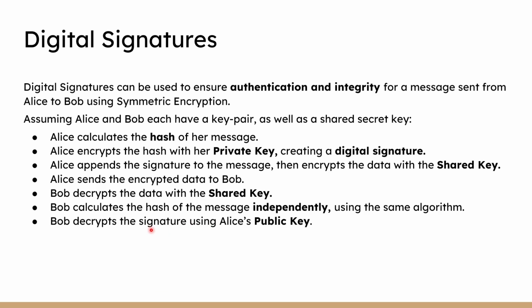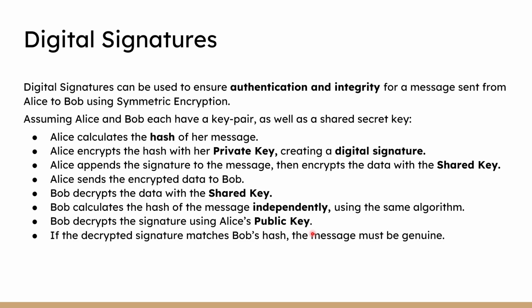He decrypts the signature using Alice's public key. So he can be sure that Alice sent this signature and that no one's changed it. And then if Alice's hash matches Bob's hash, then the message must be genuine. So Alice must have sent it and it can't have been changed.